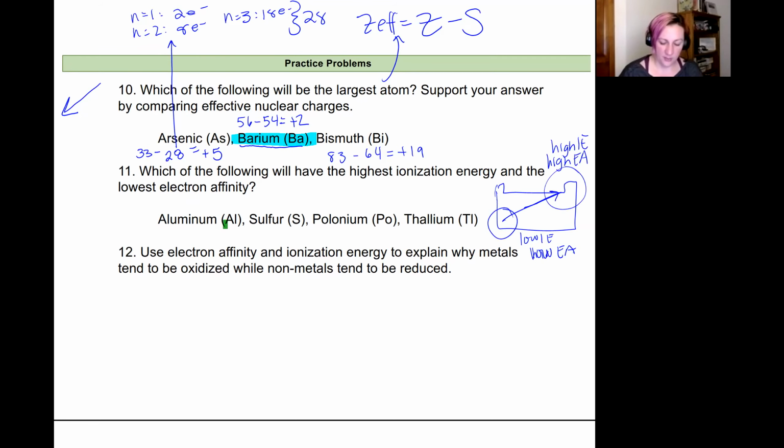And so looking at where these are all placed in our periodic table, I'm going to just highlight. So our aluminum is about right here. And our sulfur is in the same row, but closer to the noble gases.